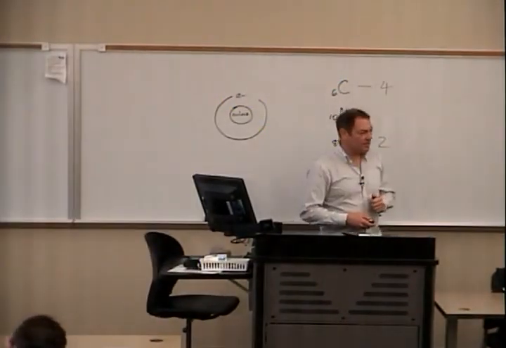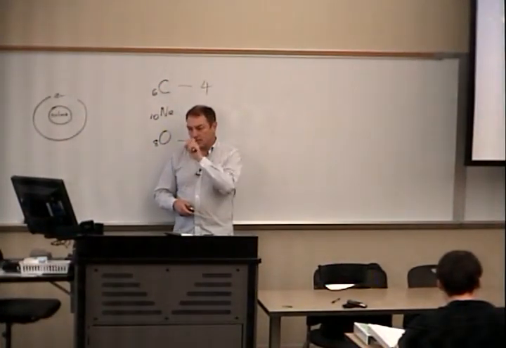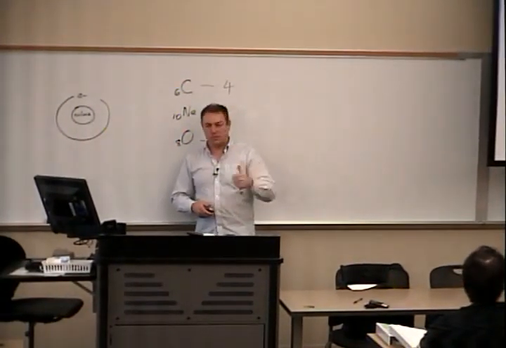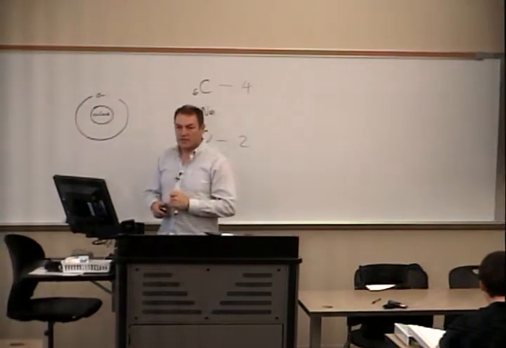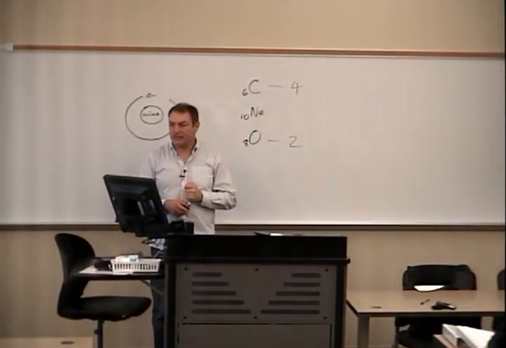So let's have a look at the different chemical bond types, and we'll have a look at how they form. Okay? So one bond type is called the covalent bond. Covalent bonds are very strong bonds, and biologically they're extremely important. You can almost think about covalent bonds as the bonds that literally hold you together.